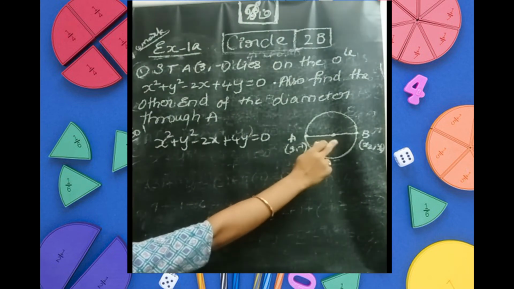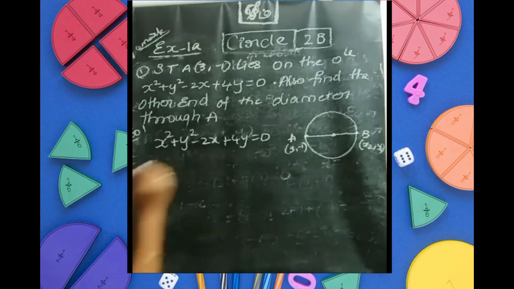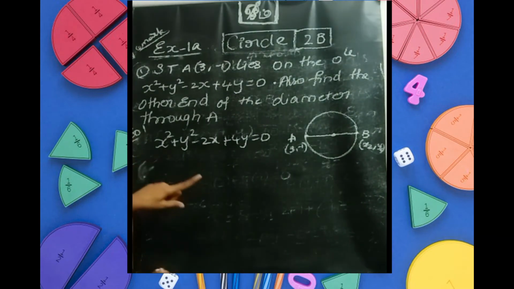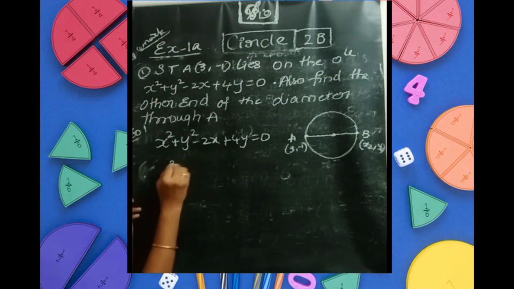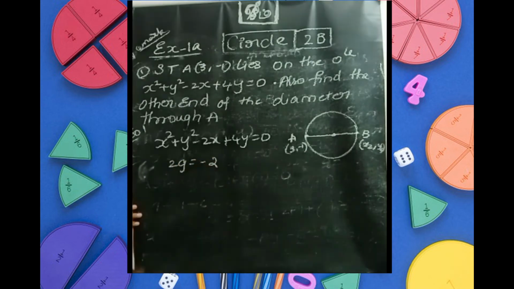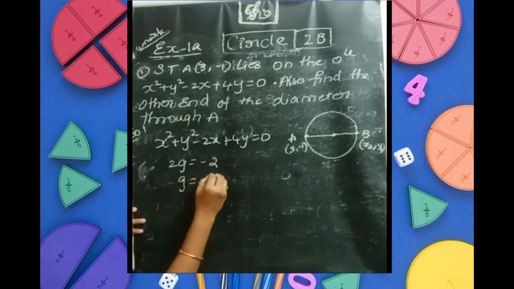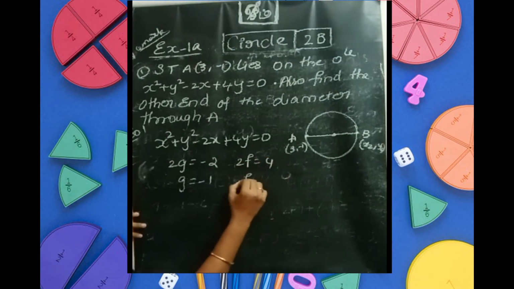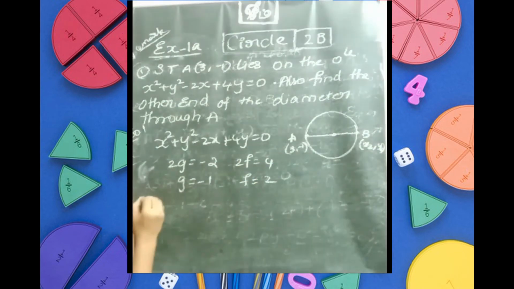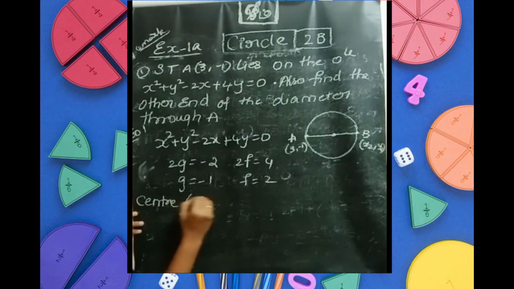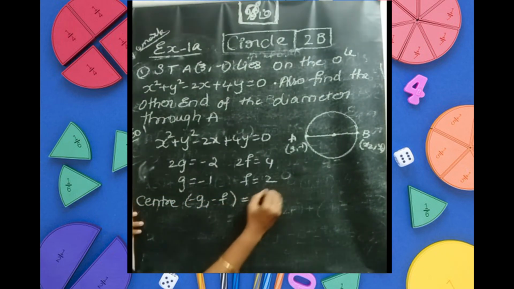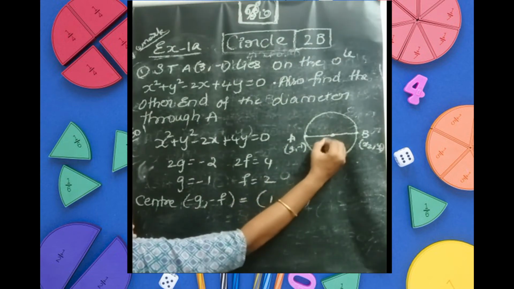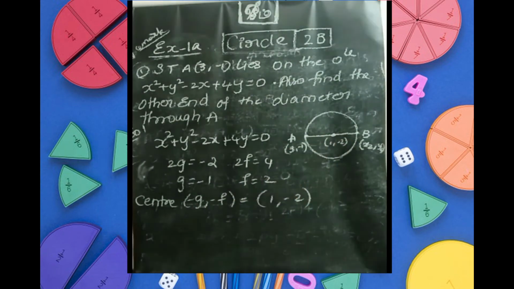First we have to find the center to find B. Center means first we have to find G. So 2G equals minus 2, G equals minus 1. 2F equals 4, F equals 2. So the center is minus G comma minus F, which equals 1 comma minus 2.